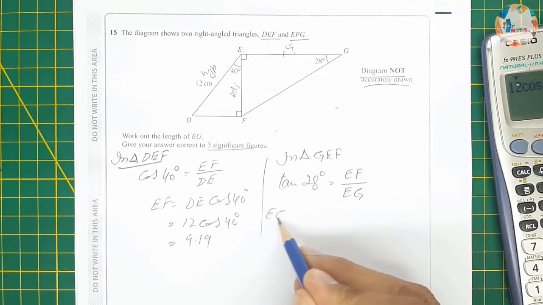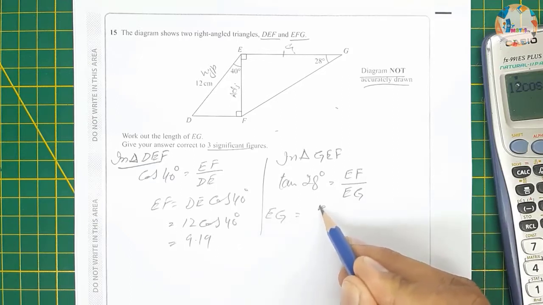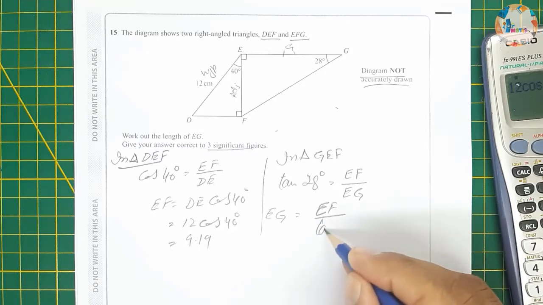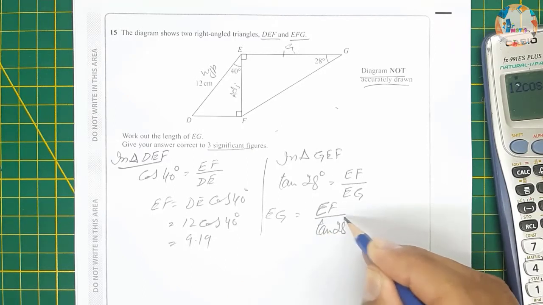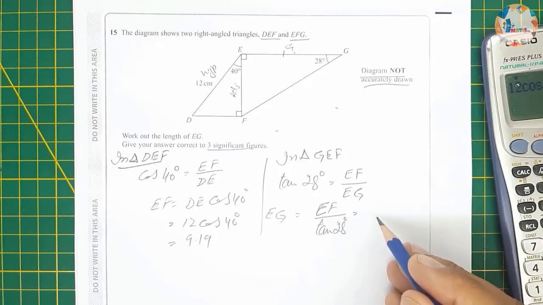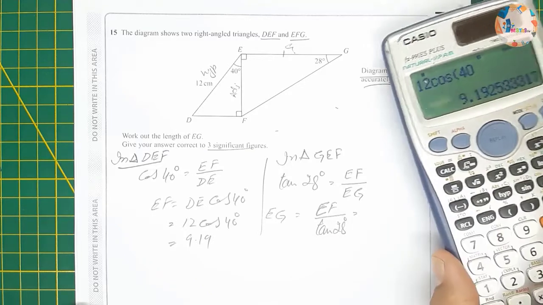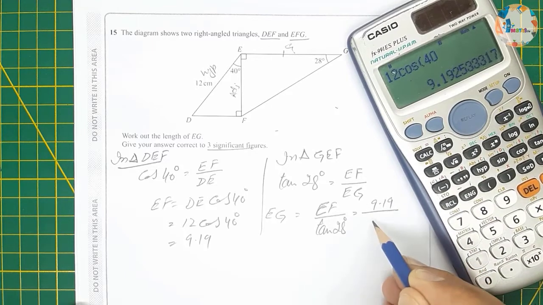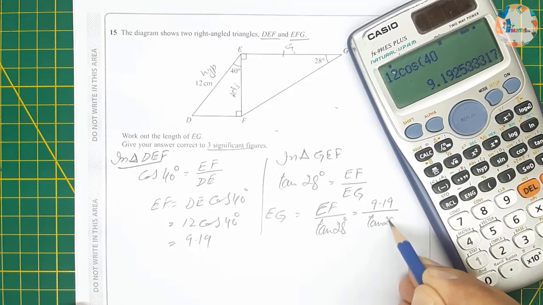So we can write EG is equal to EF over tan of 28 degrees, and EF value we already have over here at the calculator. So 9.19 over tan of 28 degrees.